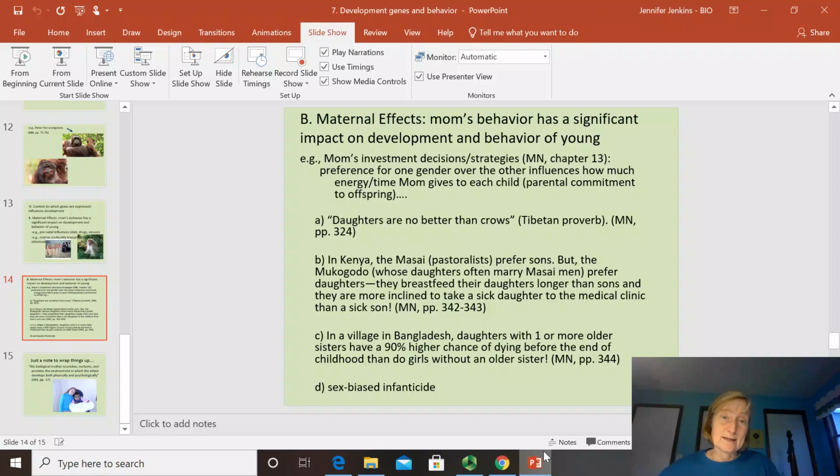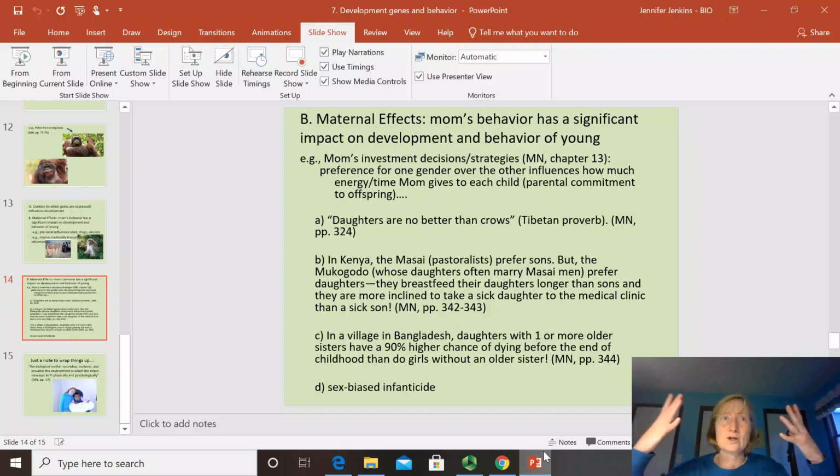And when you've got that kind of differences, it can have big effects, right? So here are just some examples of some of the things I found in our Mother Nature book to help us get a feeling for how an investment strategy can have a cultural effect.